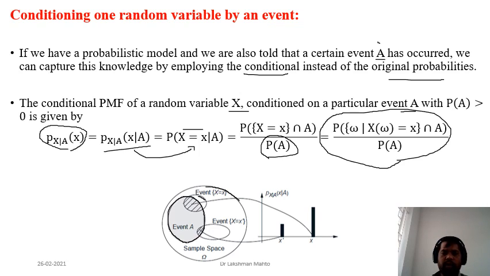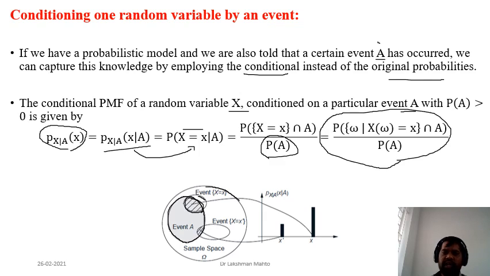We look only within A. We don't worry about what is happening outside A in the sample space, or what value small x takes there. We just worry about how much content of x is there in the given information A. You can observe from the picture that this X takes this much of information within A.